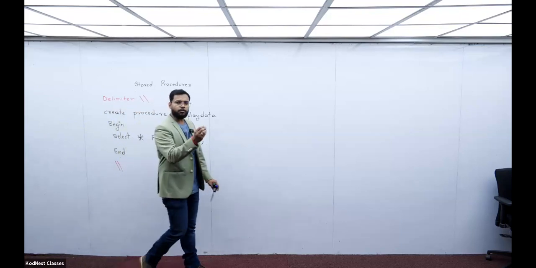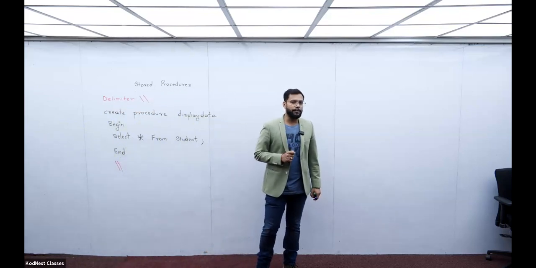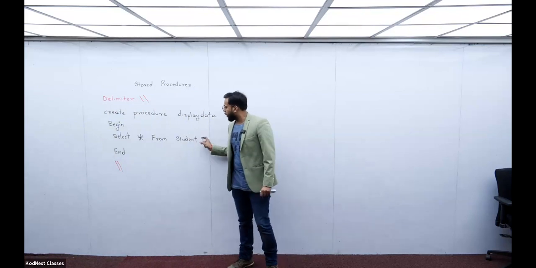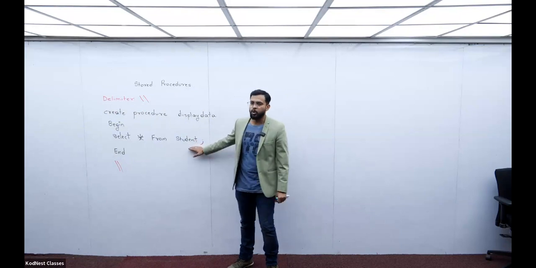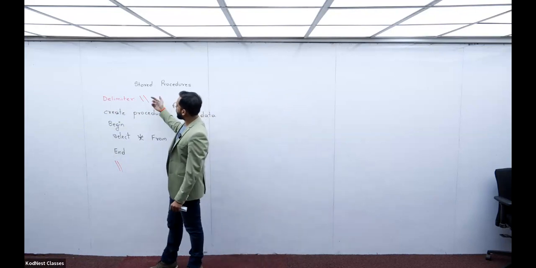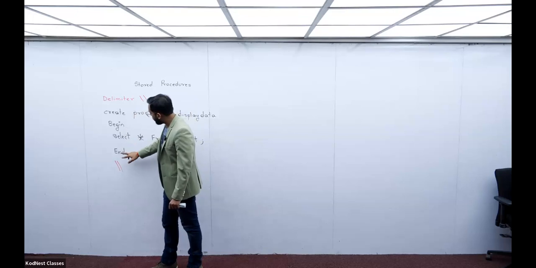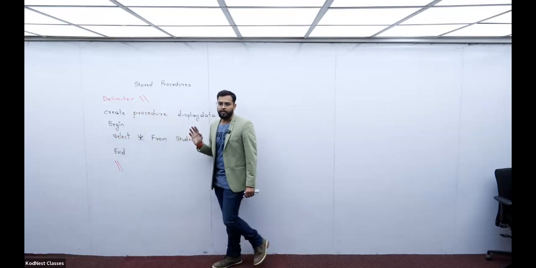So these are small things you should know: whenever we create a stored procedure, the query will have a semicolon, and as soon as MySQL reads the semicolon, it takes it as the end, but I don't want to end there. So I change the delimiter to whatever I want, and at the last, wherever I put the same thing, MySQL has to end it.